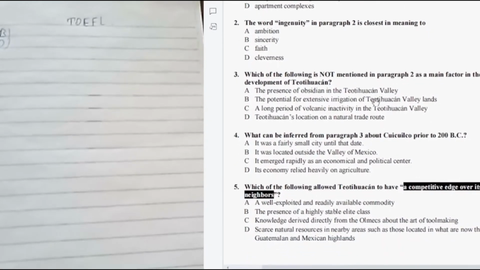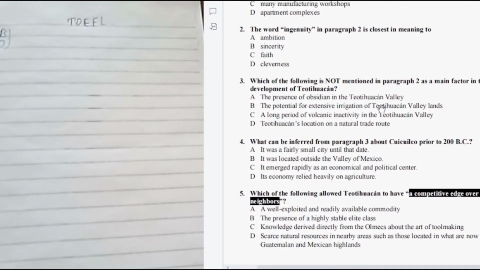Which of the following is not mentioned? You can see we are in the third question. The potential for extensive irrigation, it is true, and also the first choice is true. A long period of volcanic inactivity, it is not true. Teotihuacan's location on a natural trade route, it is true.